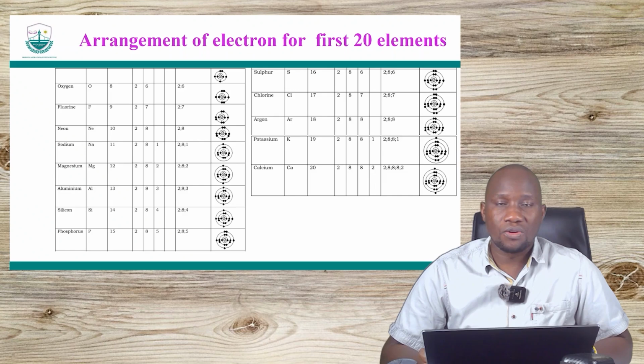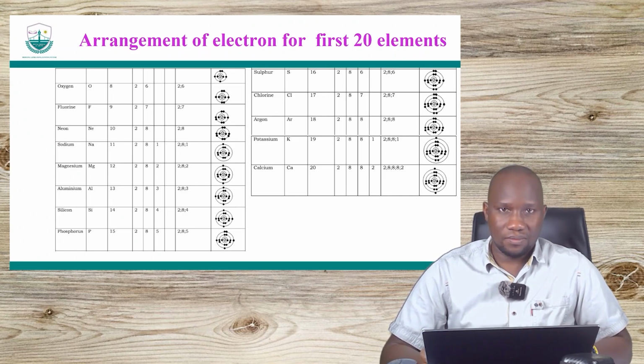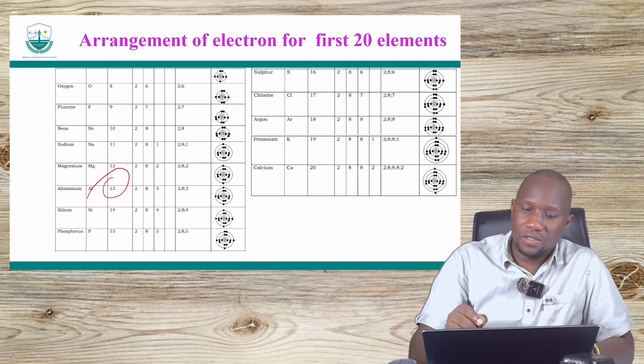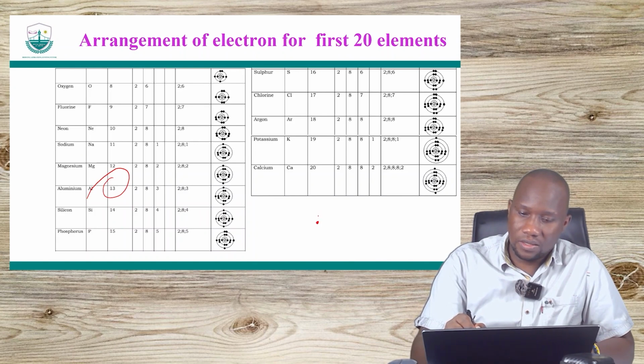You can be asked to write the electronic configuration of aluminium. Aluminium has how many electrons? 13. Okay, it has 13 electrons. So this is the nucleus, the innermost shell.